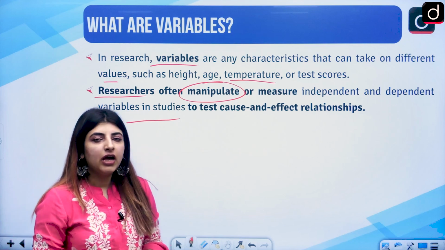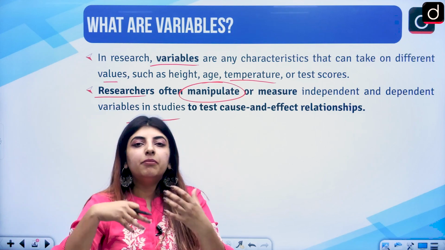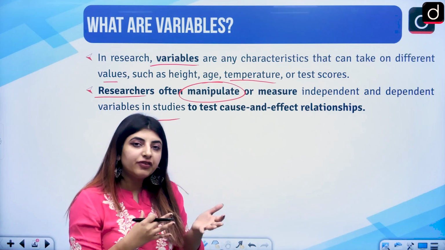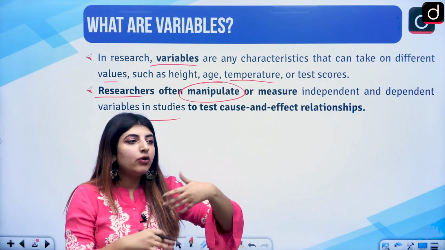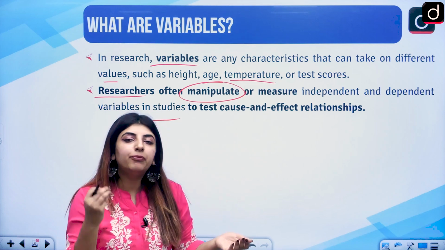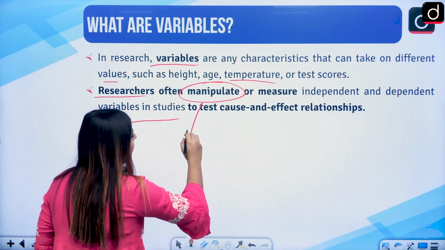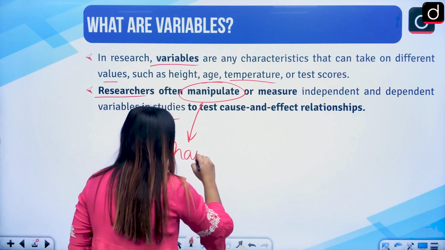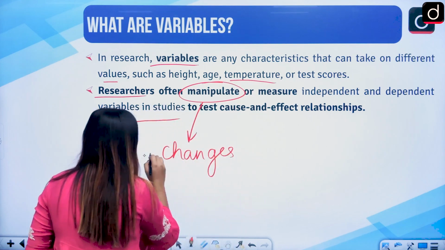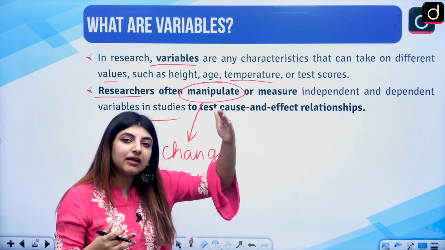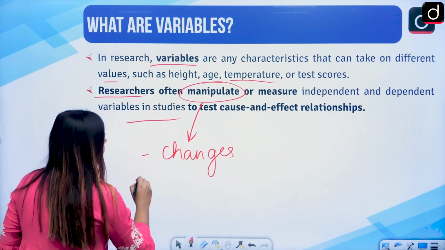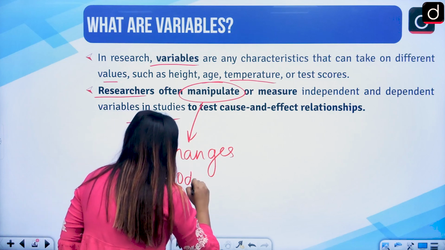Now, when I use this word manipulation in the context of research, it does not mean anything negative. The manipulation here is about the changes that are taking place, basically. If I increase or decrease something, if I'm changing something, it can be something which is getting modified.